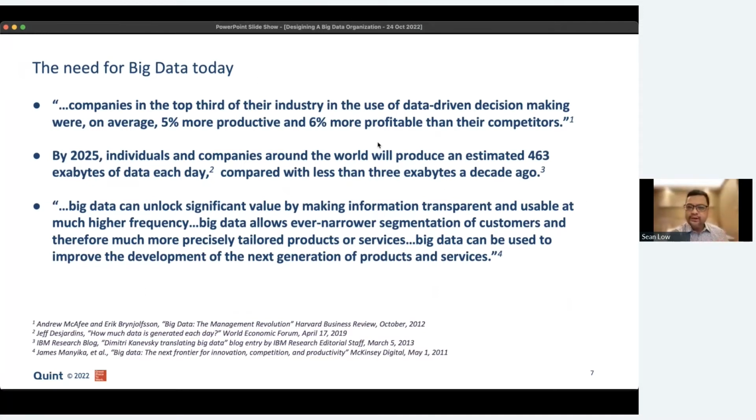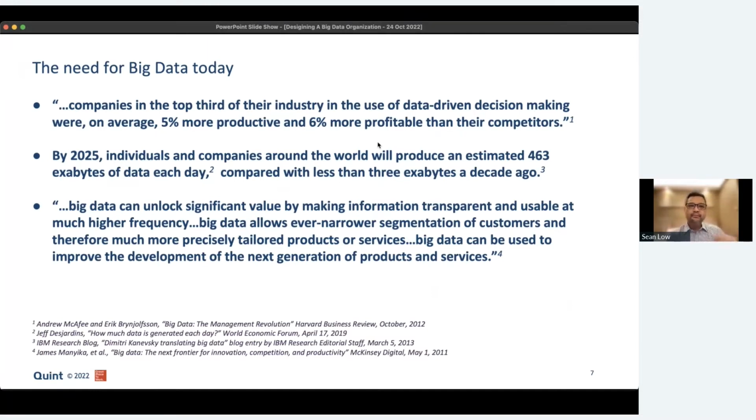Big data is important today, and if you do it correctly, this can happen. And of course, this is not just some numbers we plucked out. This was actually collected in 2012 and was recorded in the Harvard Business Review magazine for October 2012.